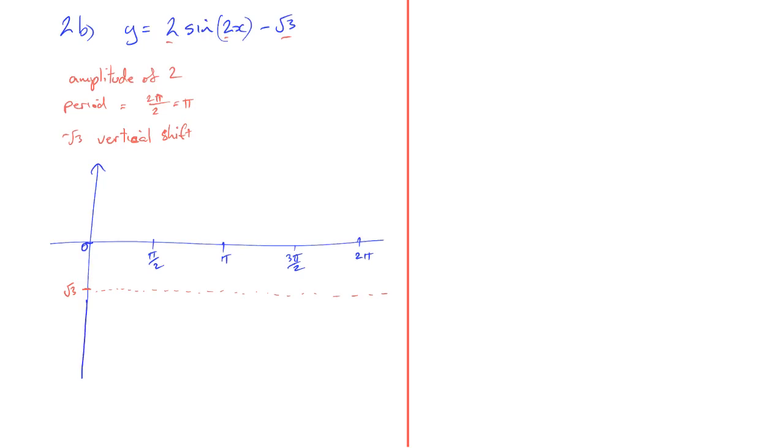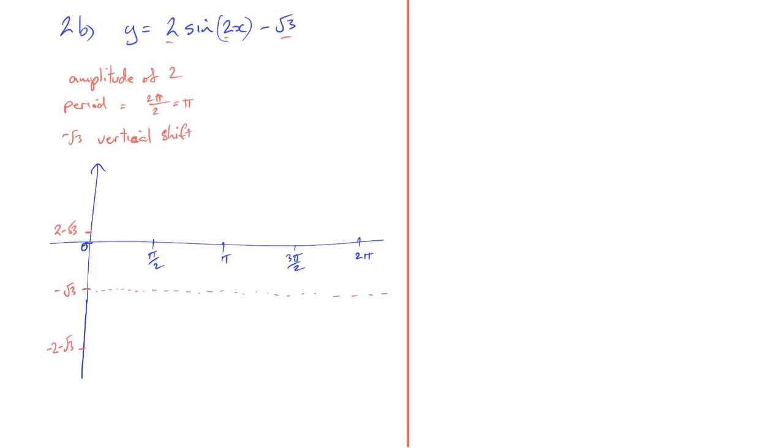Now, of course, it has an amplitude of 2. And so if we think of negative root 3 plus 2, that was negative 1.7, so it's just a little bit over there. So that's 2 minus root 3 is there. And now we have to go 2 further down, so I end up at negative 2 minus root 3.